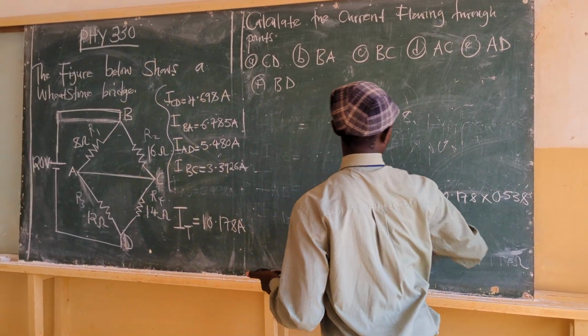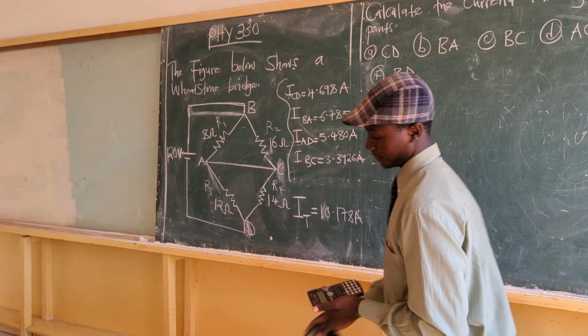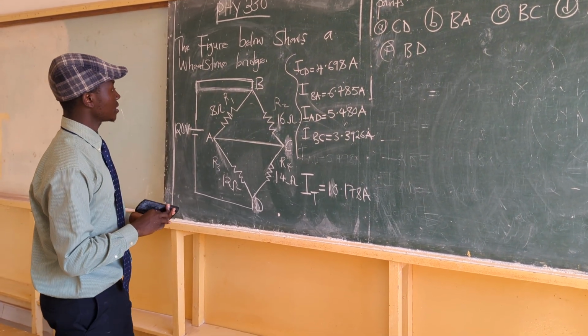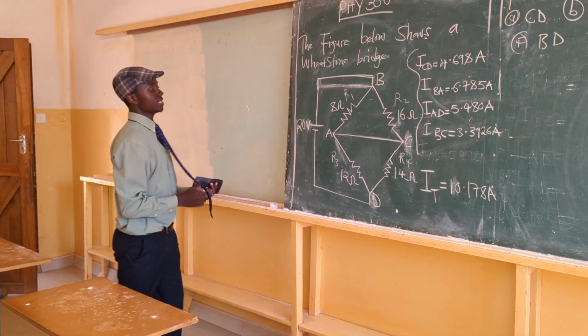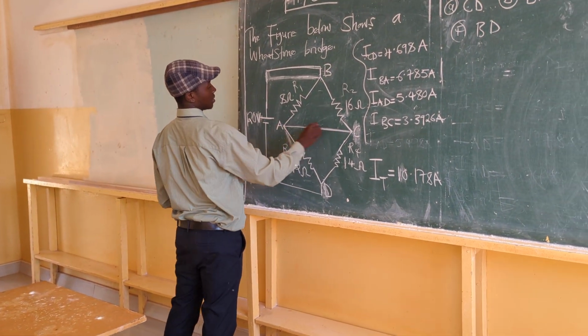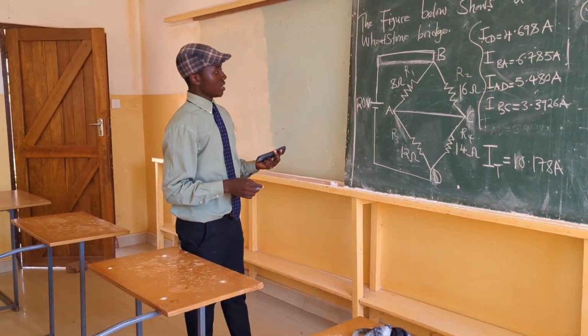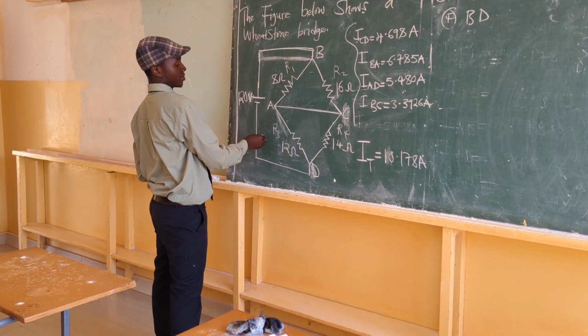So now we can calculate the current flowing at the point AC as well as BD. What is the current flowing at the point AC? Remember, to calculate the current flowing at the point AC, you need to have the current flowing at the point BA as well as AD.